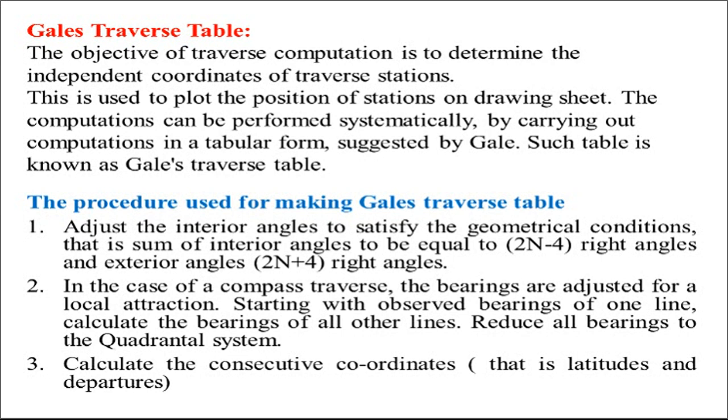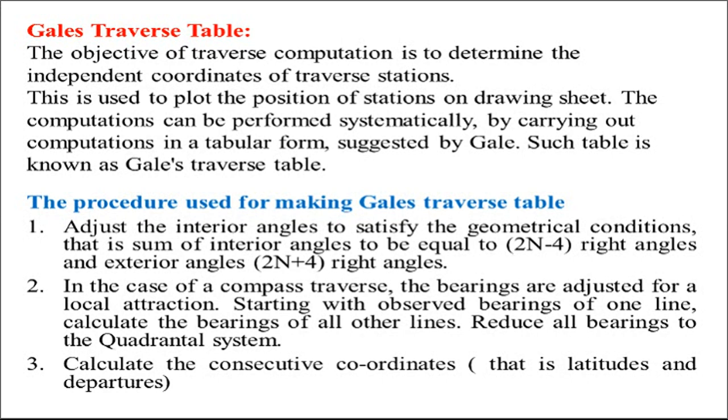After this, in the case of compass traversing, the bearings are adjusted for local attraction. So starting with the observed bearing of one line, calculate the bearing of all other lines and reduce the bearings to quadrantal form.